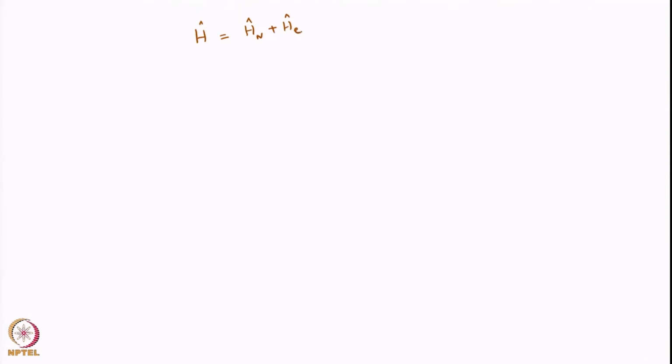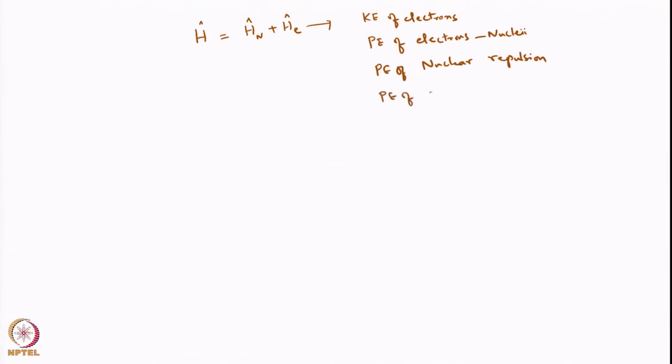The H electronic consists of terms: kinetic energy of electrons, potential energy of electrons and nuclei, potential energy of nuclear repulsion, and potential energy of electron repulsion.